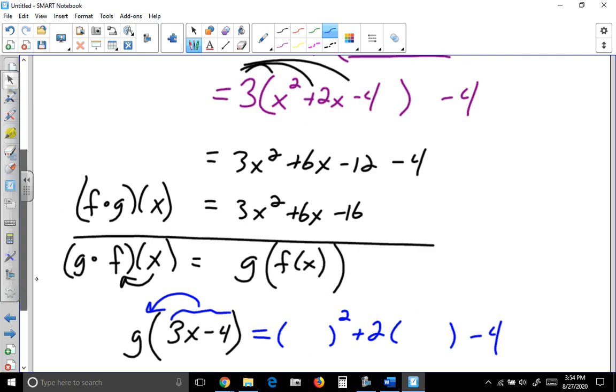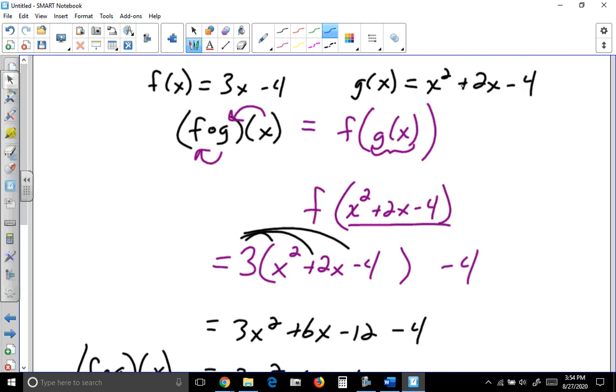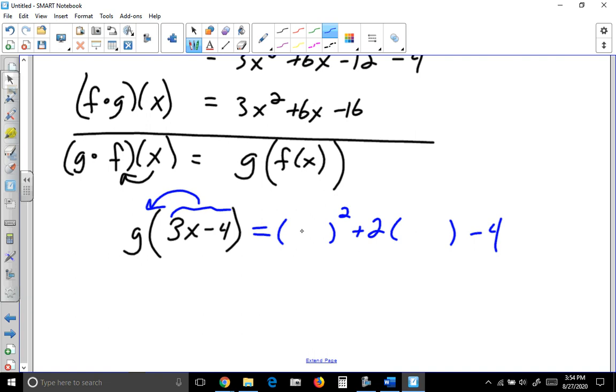Let's double check that. X squared plus 2x minus 4. So everywhere we had an x, we're going to replace it with our input. So put in 3x minus 4 everywhere there was an x.